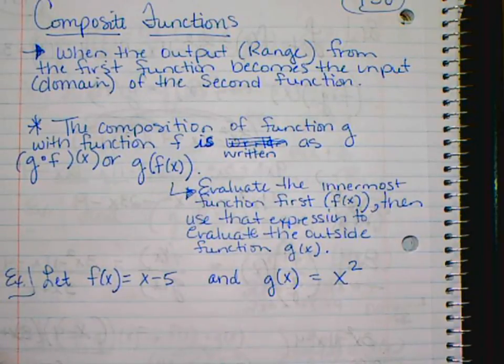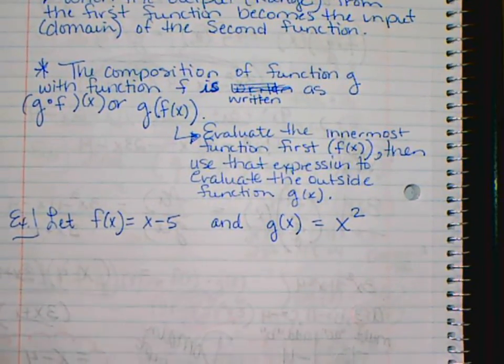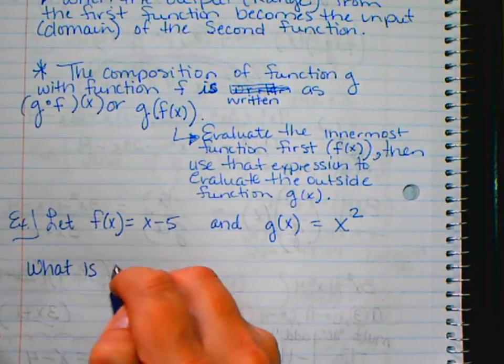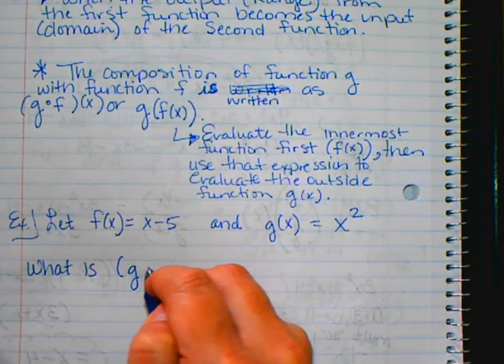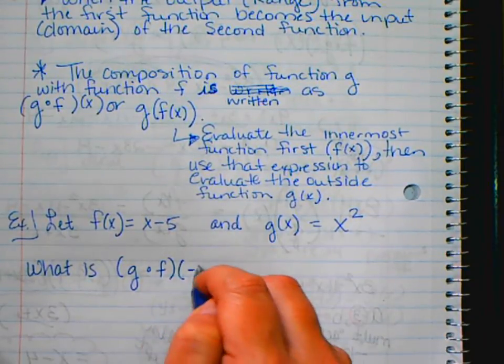I haven't given you a question yet. I'm just telling you what function f and function g are, okay? So my question is, what is g of f of negative 3?